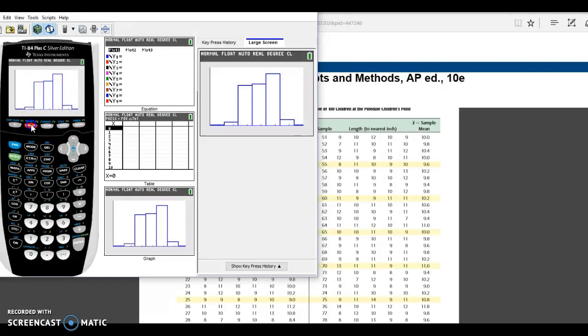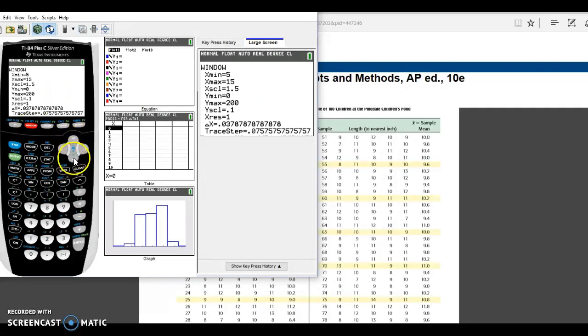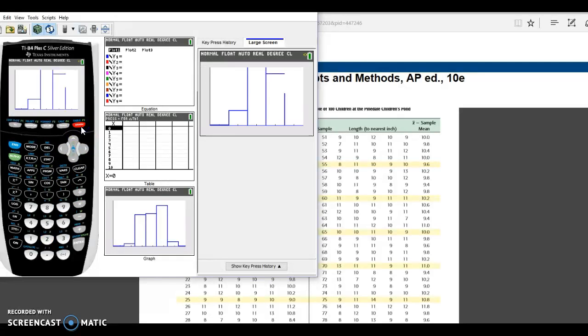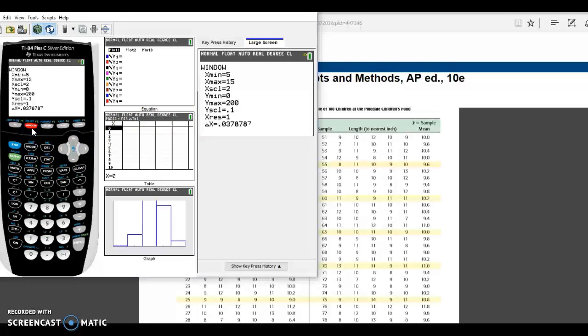Okay. I'm going to change the scale on this. 2 maybe? What's that look like? Could be 1.8. If I do 2, it extends out of the screen. Let's try 1.8.